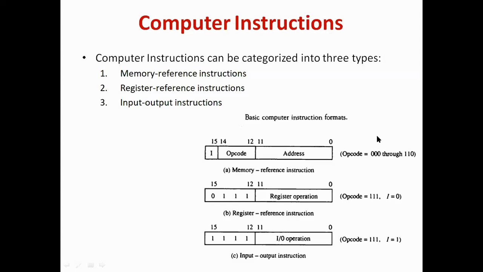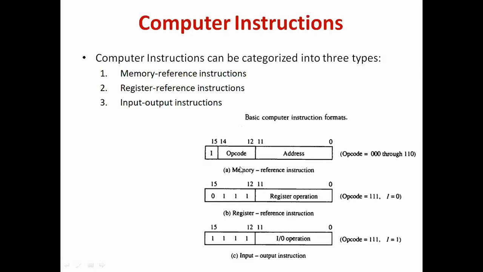So 16 means the instruction will be of 16 bits, and the address will be 12 bits because 4096 implies a 12-bit address. Let us see for this example how the three categories are distinguished.